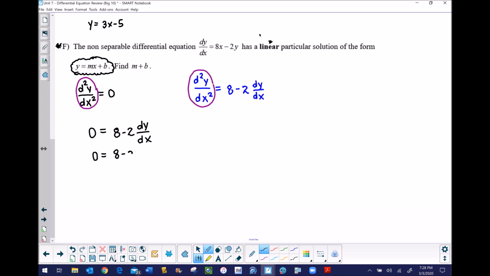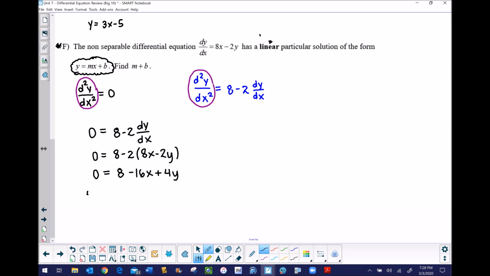Well, dy/dx is 8x minus 2y. So if you make that replacement and then simplify this, distribute the negative 2, and then proceed to solve this for y.